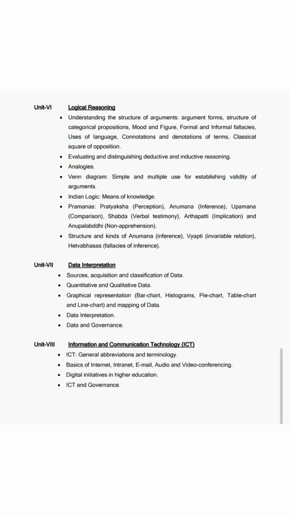Unit 6, logical reasoning. In this you will learn about understanding the structure of arguments, forms, structure of categorical propositions, mood and figure, formal and informal fallacies, uses of language, connotations, denotations of terms, classical square of opposition, evaluating and distinguishing deductive and inductive reasoning, analogies, Venn diagram, simple and multiple use for establishing validity of arguments.